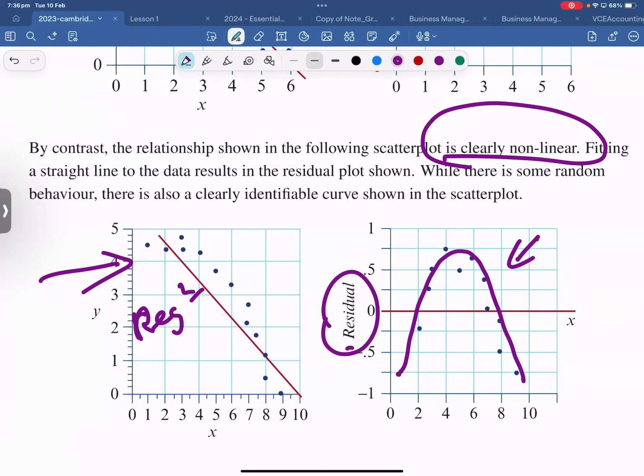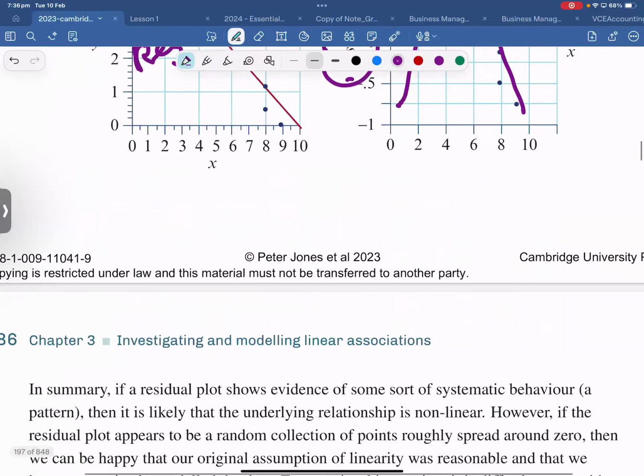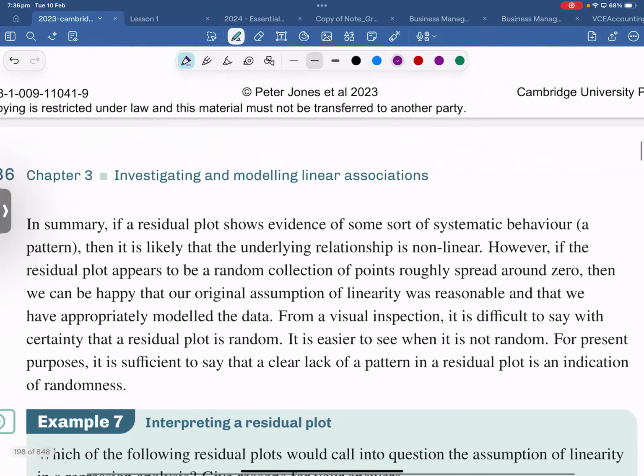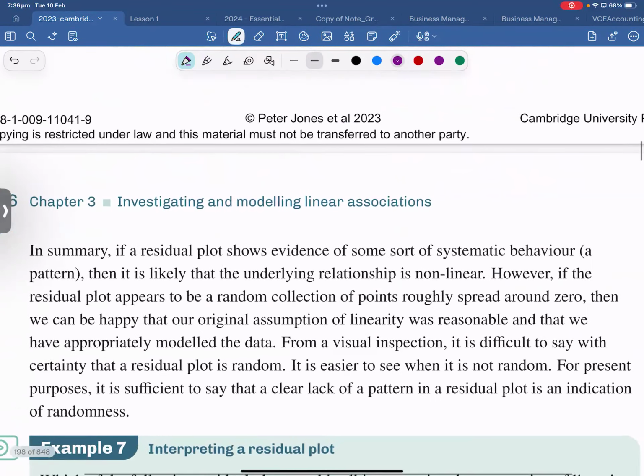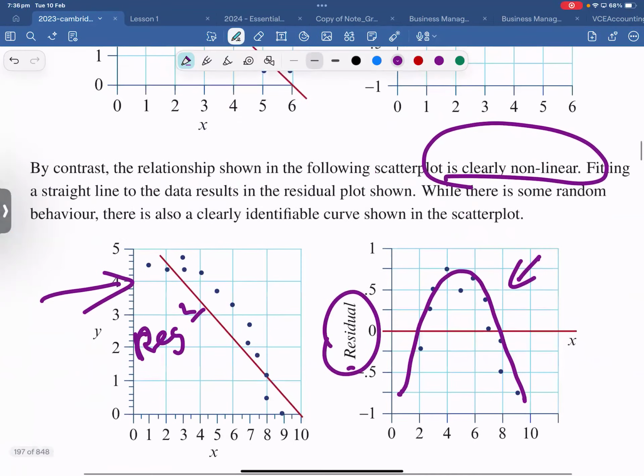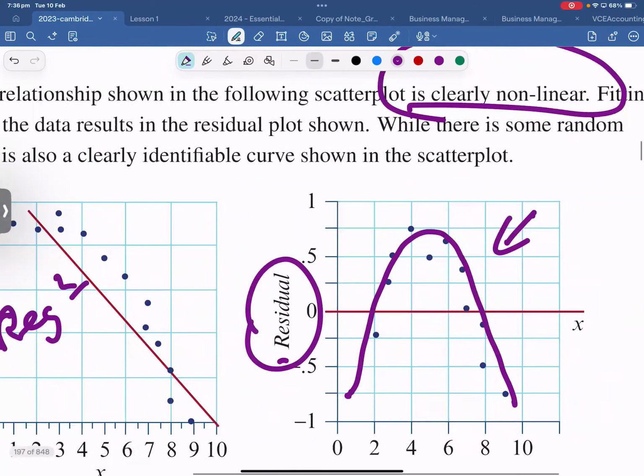I told you, if there is something with the residual plot, the regression line can be linear or non-linear. What did I say? If we can identify a clear pattern, see, we can see a clear pattern in the residual.